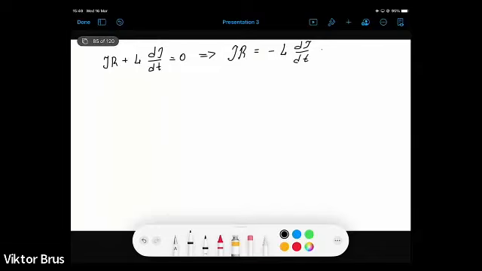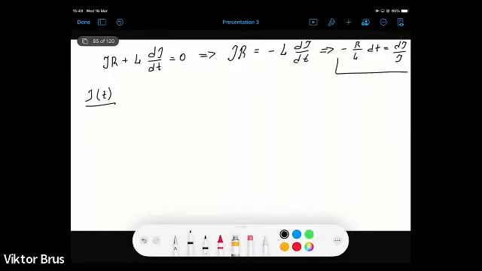And by rearranging, we can write that it will be minus R over L times dt equal to di over I. So this is our equation, the solution of which will give us electric current as a function of time when electric current will be decreasing, not increasing as we considered in the beginning.